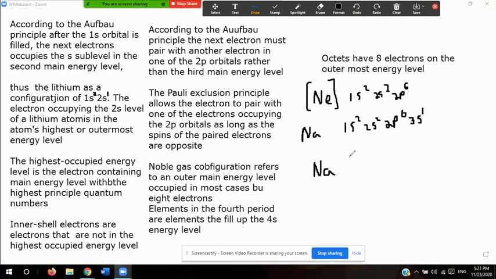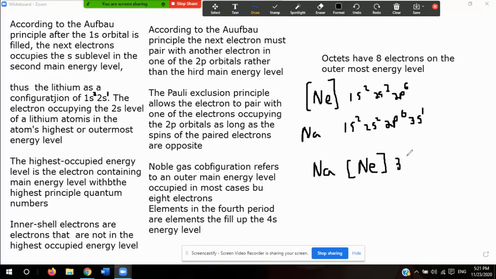So that means, instead of doing 1s2, 2s2, and 2p6, I'll say sodium, and then I'll write in a bracket, neon, and I will write 3s1. Why did I do that?